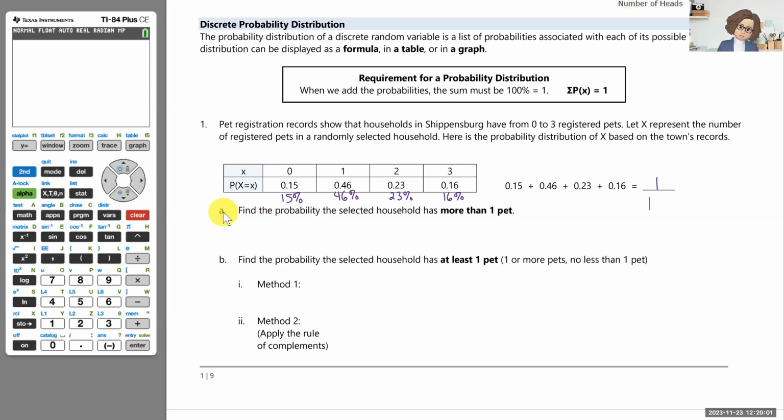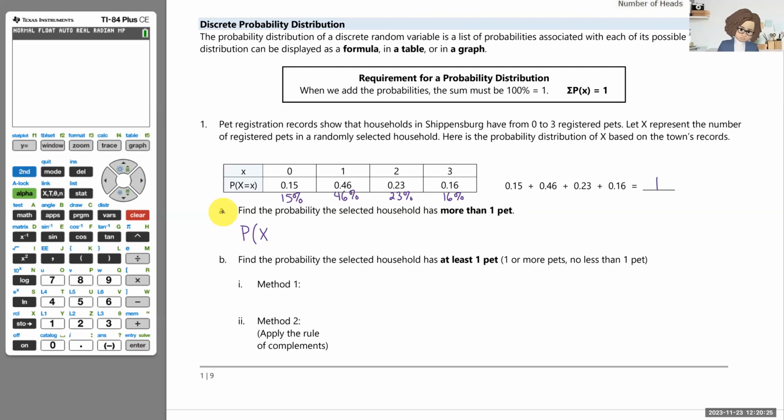So find the probability that the selected household has more than 1 pet. So probability, capital P there, probability that. So the new thing in chapter 5 is our random variable X. And we want to know the probability that X is more than one pet.